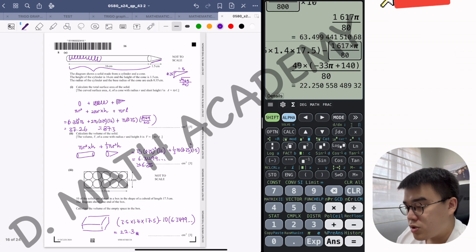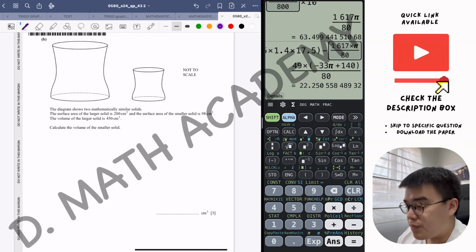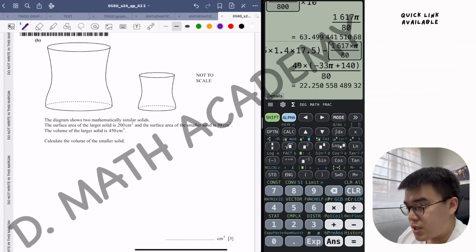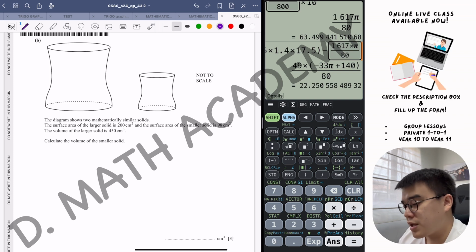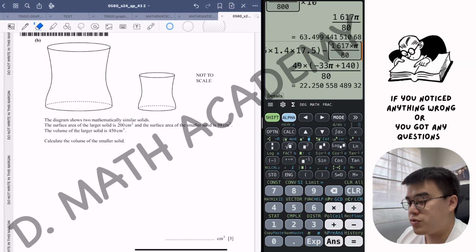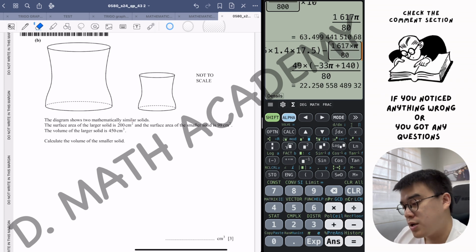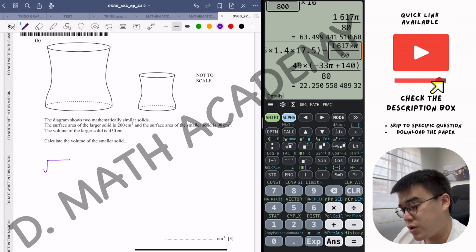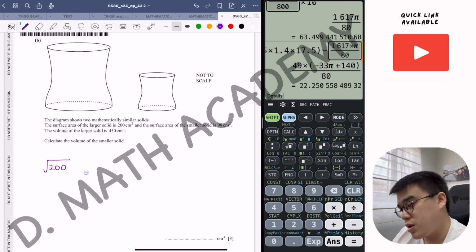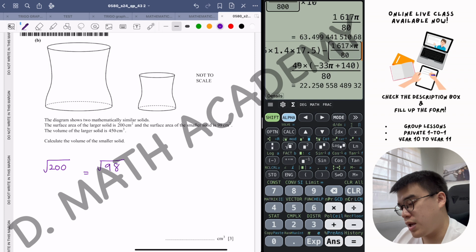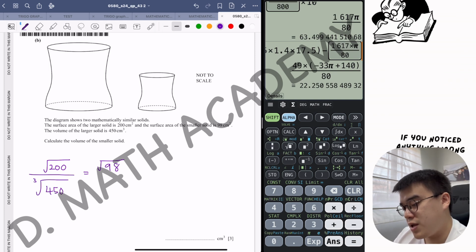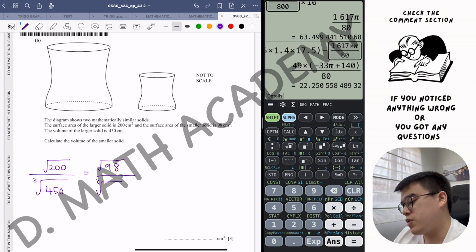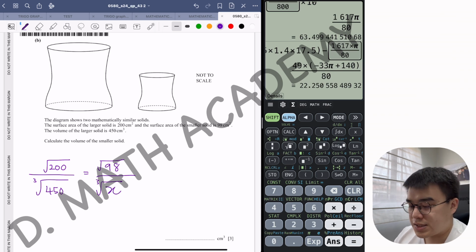So moving on to part B. This is mathematically similar. Again, pay attention to the unit that they use. I'll be using the comparison method here, where I have a larger solid of 200 and the smaller solid of 98. Larger solid's volume is 450, and the smaller volume, I set it as x.